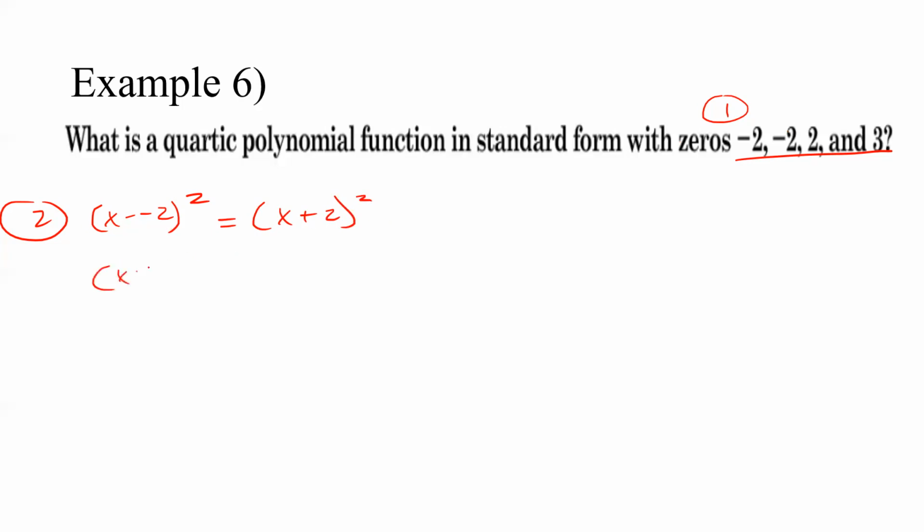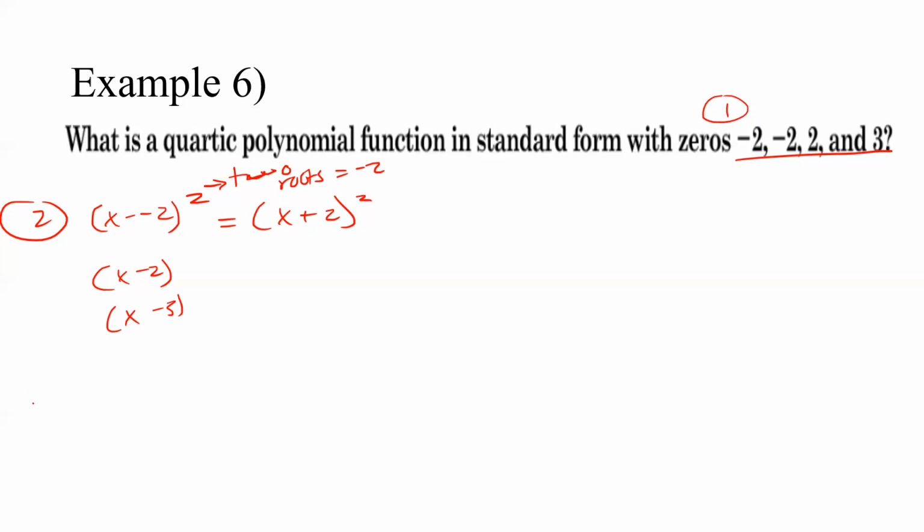And I have x minus 2, and I have x minus 3. So here are all my linear factors. Again, this was squared because there are two roots equal to -2, or zeros, whatever you want to call it.